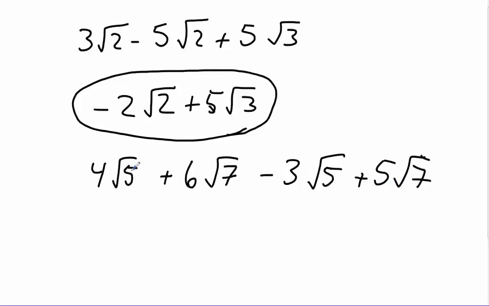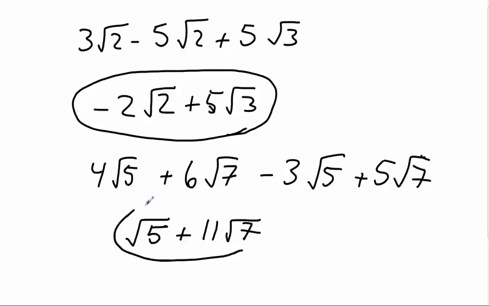Radical 5, where else do we see a radical 5? Right here. So you have a 4 radical 5 minus a 3 radical 5, just gives us 1 radical 5. We don't write the 1 because it's just a placeholder. Then we have radical 7, 6 plus 5 gives us 11 radical 7. And that's your final answer.